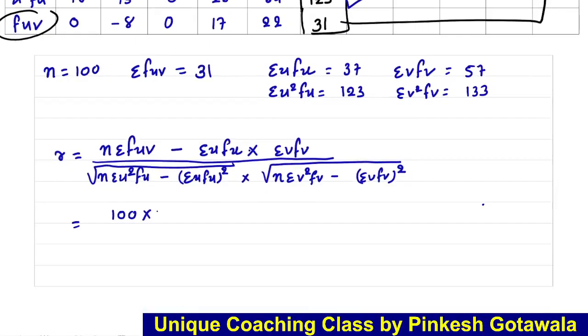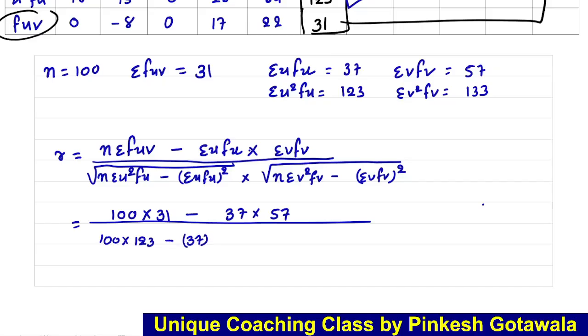N 100, FUV 31, sigma UFU 37, VFV 57. Divide by N 100, U square FU 123, UFU 37. N 100, sigma V square FV 133, sigma VFV 57.